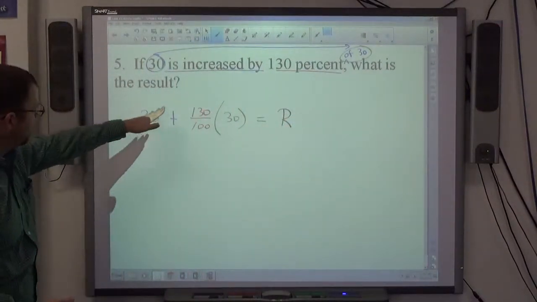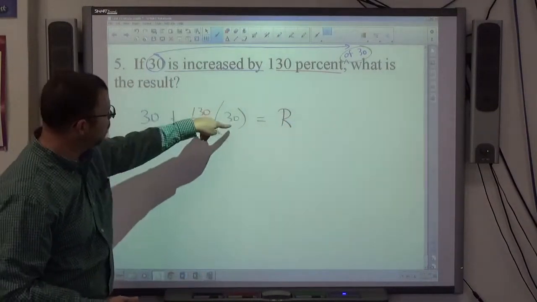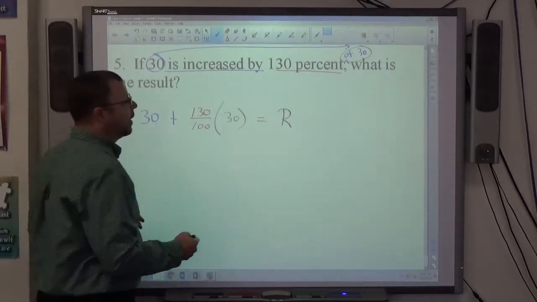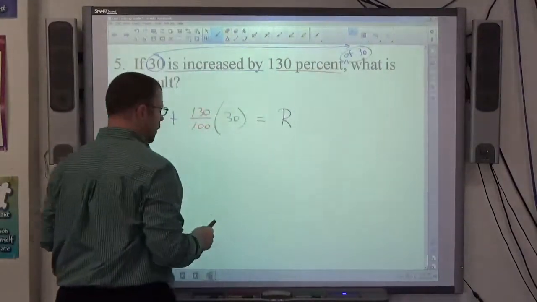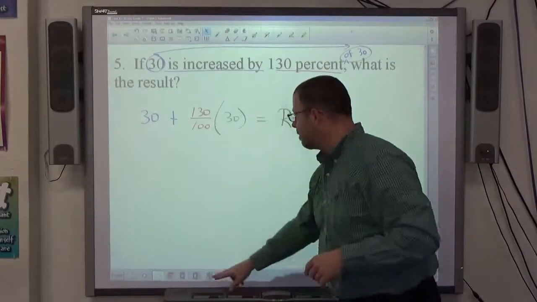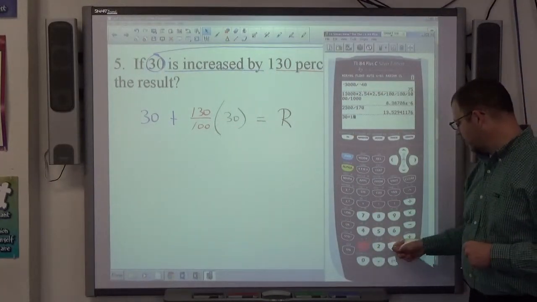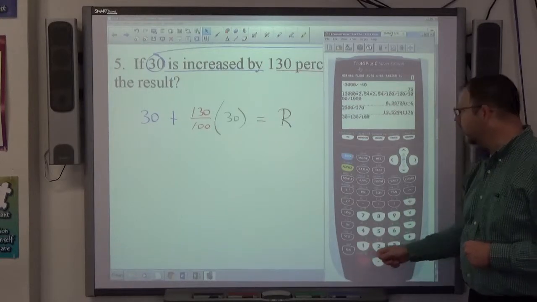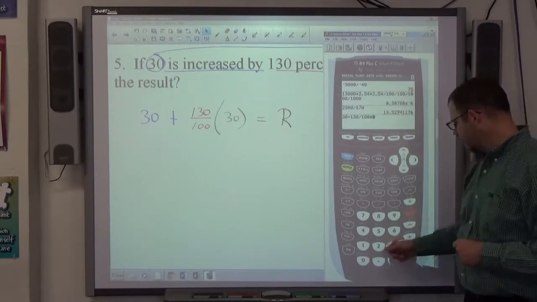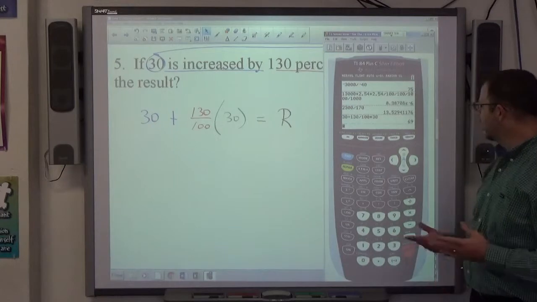Right. 30 is being increased by 130% of 30. And that's how we write it out. And then it's just a matter of working it out. At this point I can just actually type that expression right there in my calculator. So 30 plus 130 divided by 100 times 30 equals, and my calculator tells me it's 69.